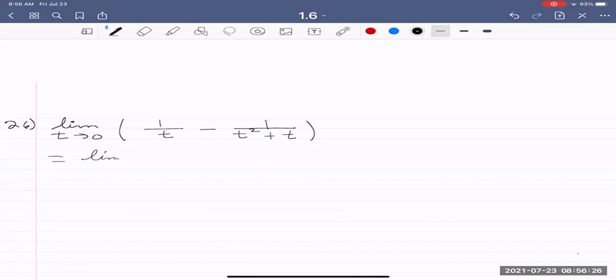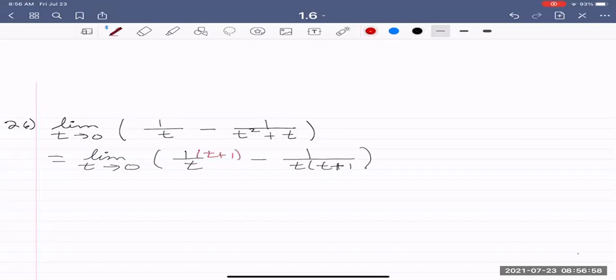So I have here the limit as t approaches 0 of, well, let's factor my denominators. And so this is 1 over t plus 1. So my common denominator is t times t plus 1.